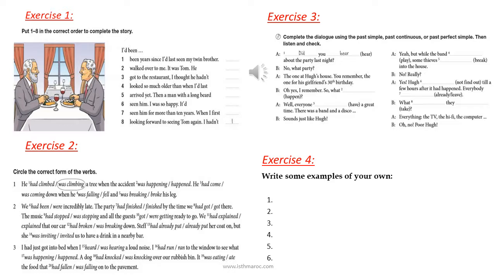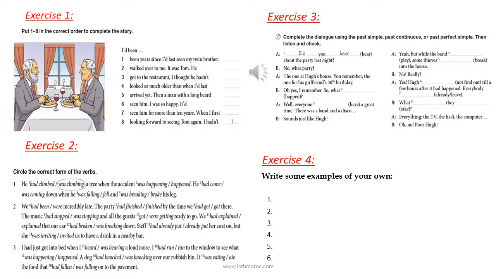Yeah, but while the band was playing, some thieves broke into the house. No, really? Yes, Hugh didn't find out till a few hours after it had happened. Everybody had already left. What did they take? Everything. The TV, the hi-fi, the computer. Oh, no. Poor Hugh.